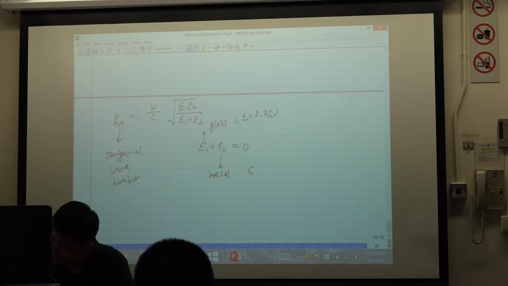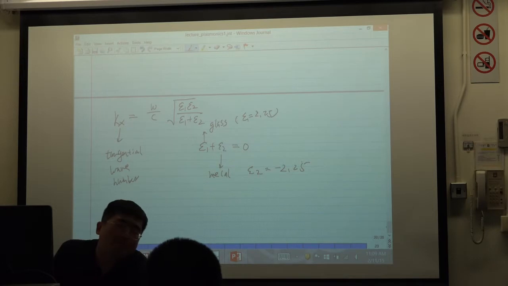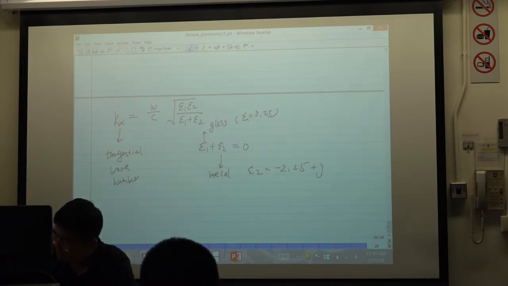If epsilon 2 equals minus 2.5, they can be negative, right? I ignore loss, which is small. I use an imaginary part of something like 0.1. This is the typical value. I just ignore the small loss and see what happened.